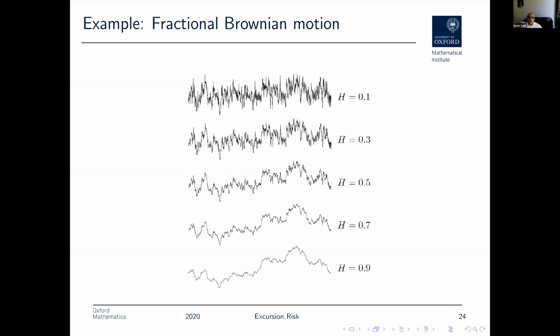So if the theorem that I showed you earlier is correct, and if it applies to ranges of frequencies that are realistic, we should be able to see all the kinds of behavior predicted in the theorem when we use a simulation of a fractional Brownian motion with different h.